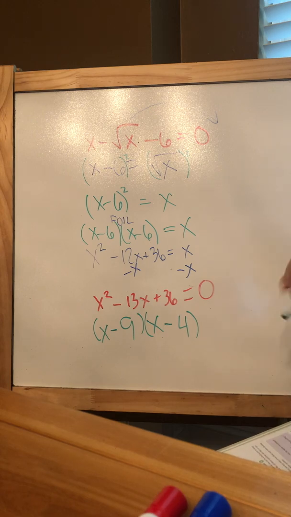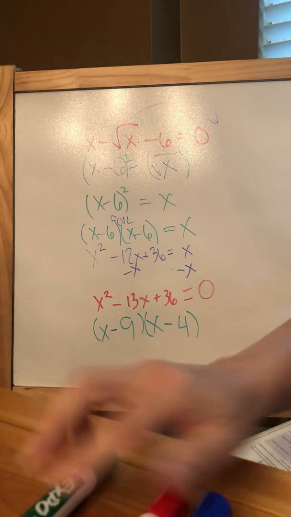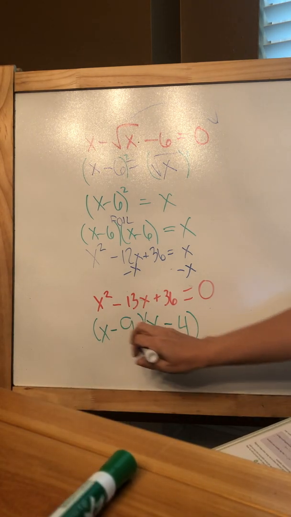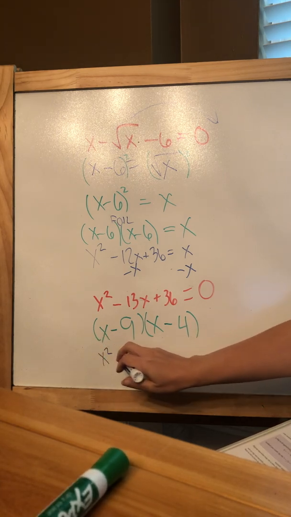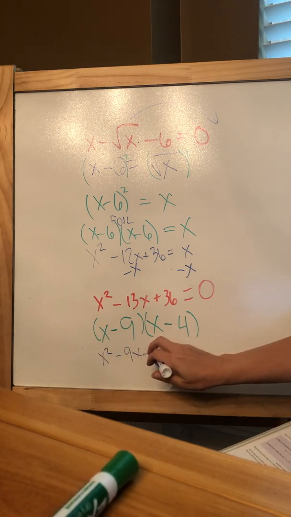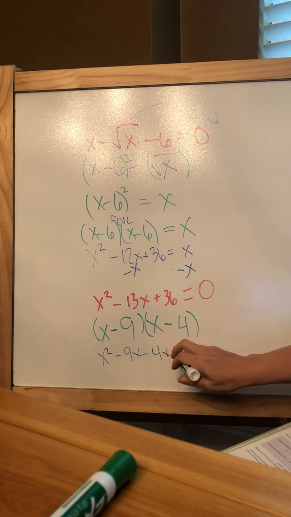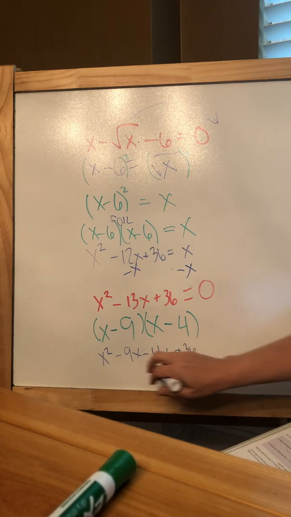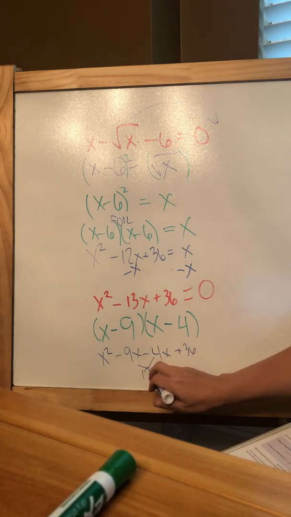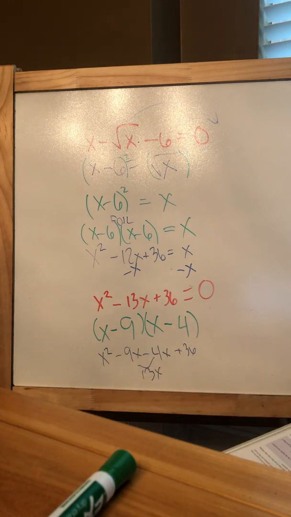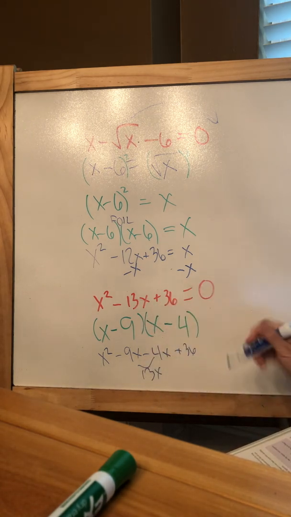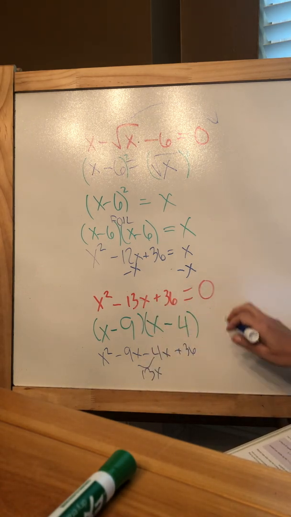Okay, so if we were to check ourselves and refoil this, we would actually get x squared minus 9x minus 4x plus 36. These combine to get 13x. So this does work. This is a solution. So now we're going to solve for x.